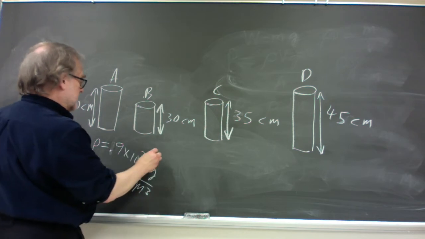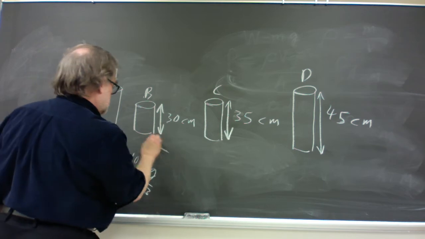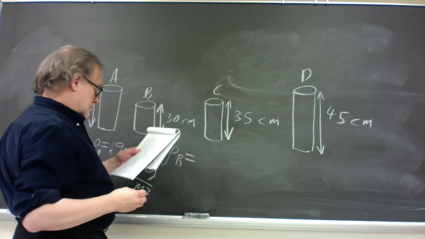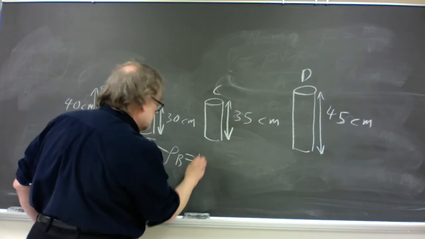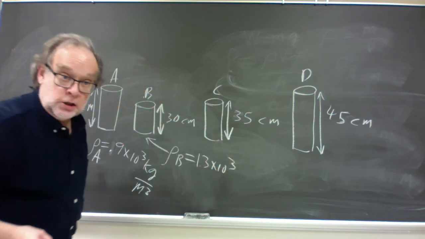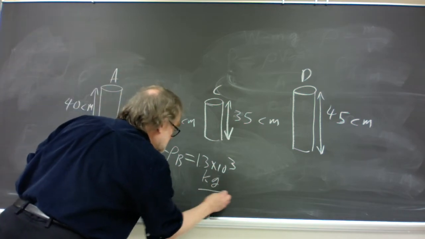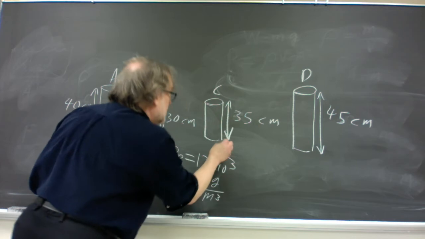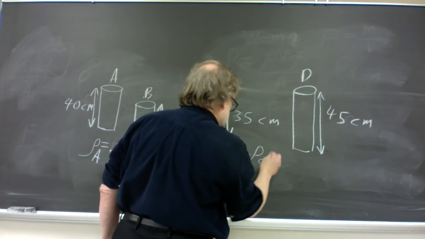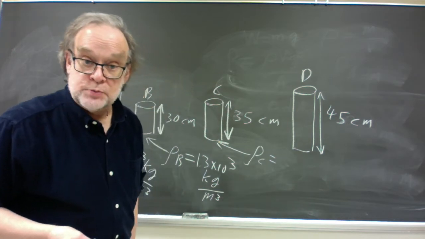And let's say the density of B is 1.3 times 10 to the 3 kilograms per cubic meter. And the density of C is just plain old 1 times 10 to the 3 kilograms per cubic meter.